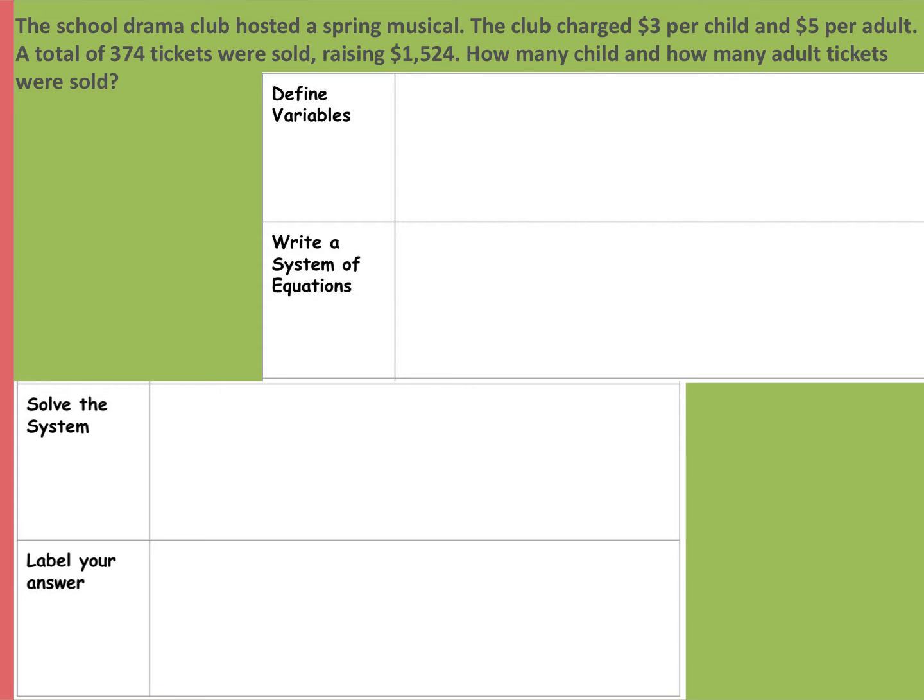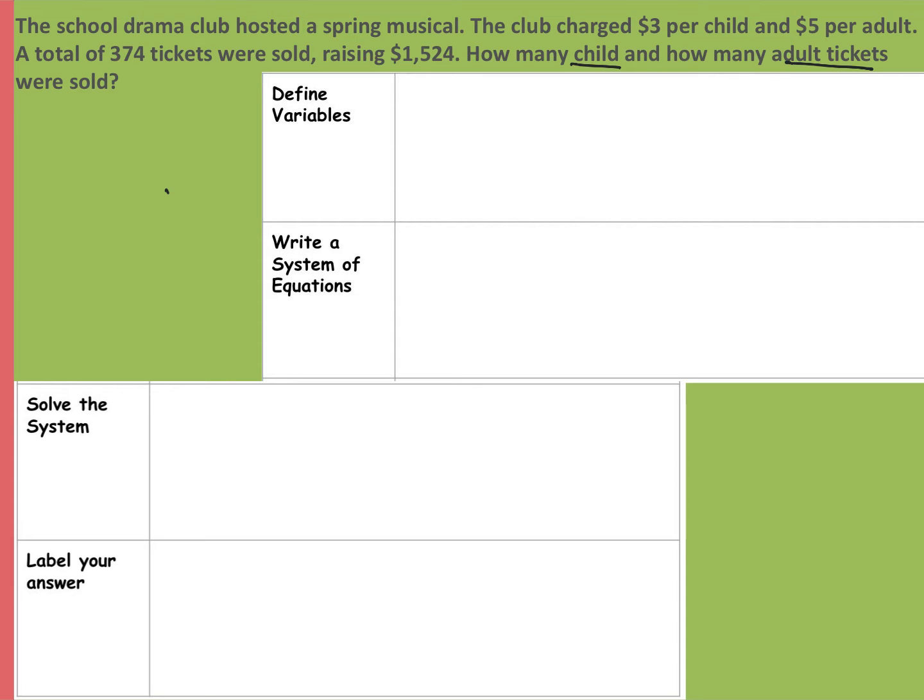All right. So the first thing we want to do is define our variables. What are we talking about here in this word problem? I'm going to use my highlighter for a part of this. We're talking about child's tickets and adult tickets.